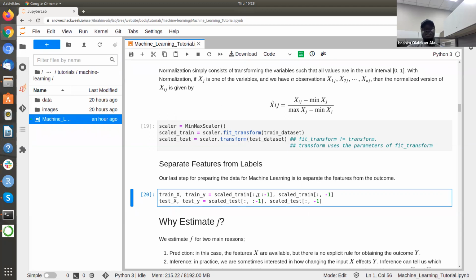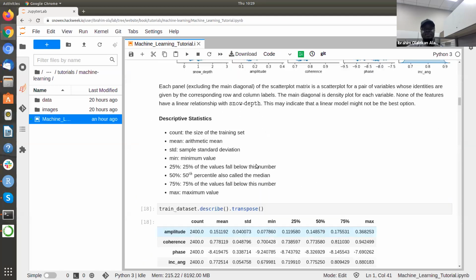If you notice, before the comma, there is a colon, then after the comma, there is also a colon before the -1. But right here, after the comma, there is no colon before the negative one, which means the last variable is my y variable, or my outcome that I want to predict. And that has been done.